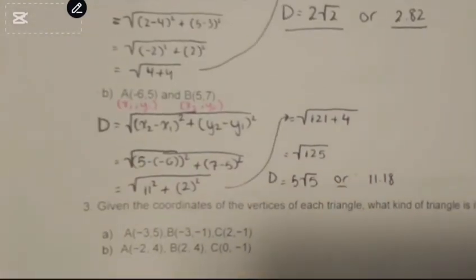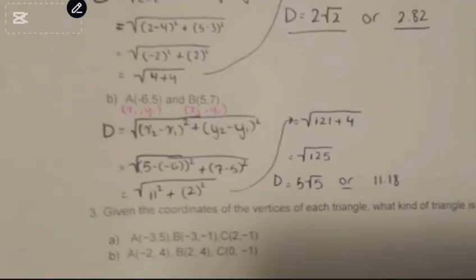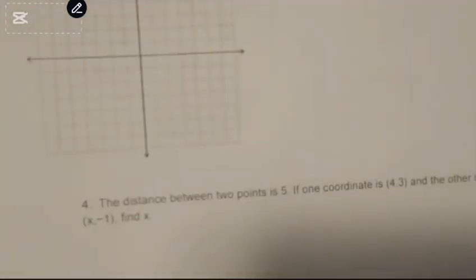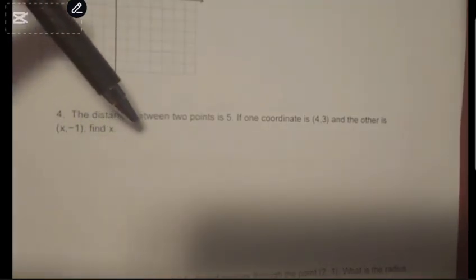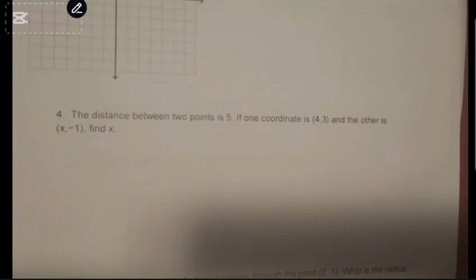Now if we wanted to continue on with our questions, let's do this question. This question is asking: the distance between 2 points is 5, if one coordinate is 4, 3 and the other is x, minus 1, find x.